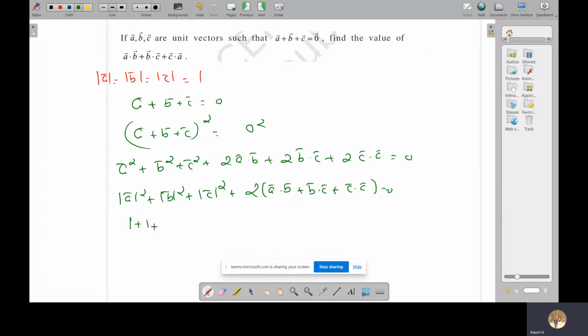So 1 squared plus 1 squared plus 1 squared plus 2 into a bar dot b bar plus b bar dot c bar plus c bar dot a bar is equal to 0. Therefore, a bar dot b bar plus b bar dot c bar plus c bar dot a bar is equal to what? Minus 3 by 2.